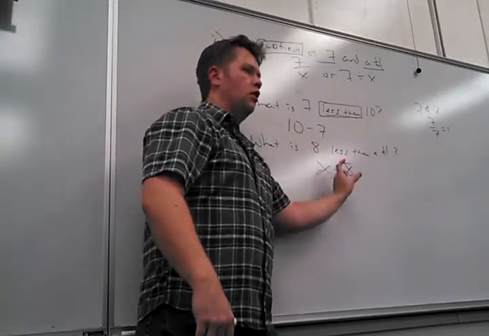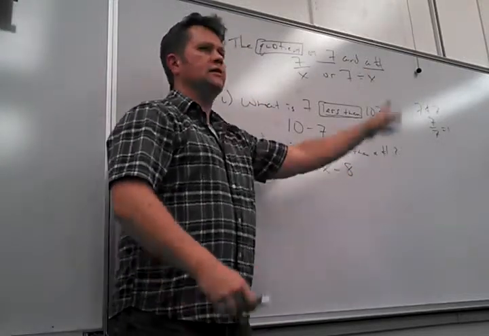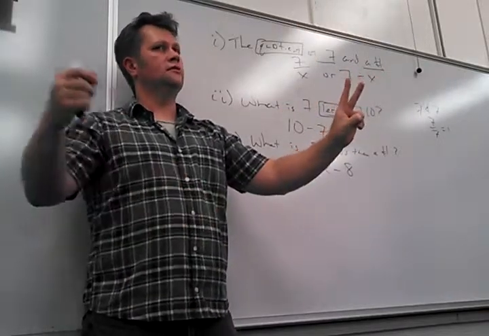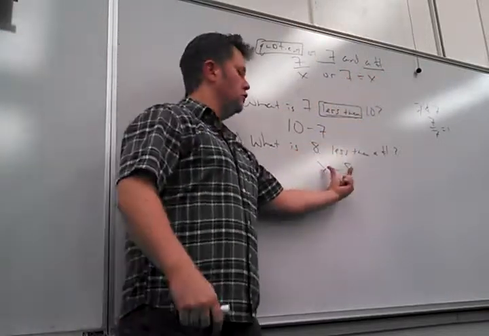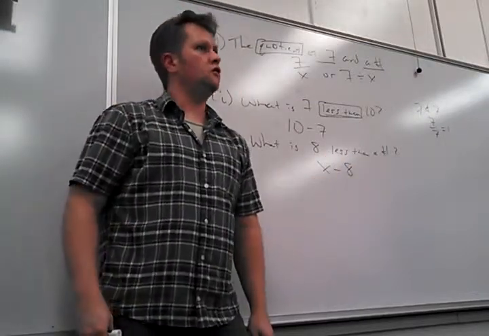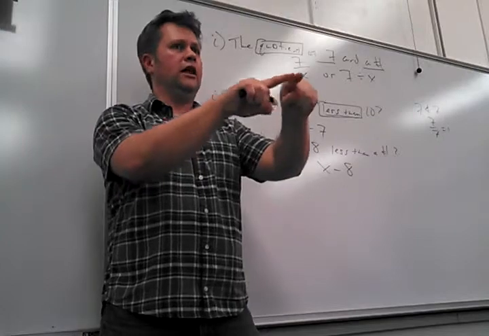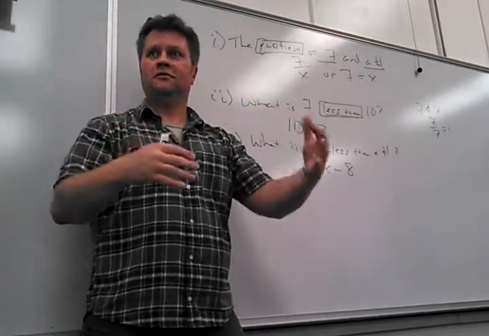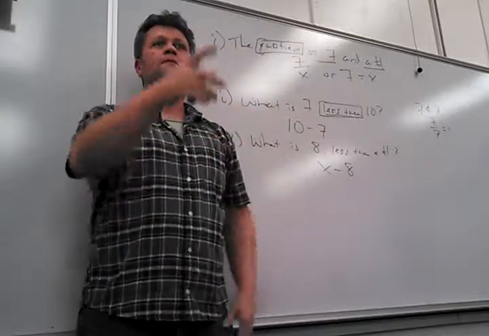If you turn this number the wrong way around, what's 10 minus 8? 2. What's 8 minus 10? Negative 2. So if you turn this thing the wrong way around, you're going to get negative answers. And if you're telling me that your length has to be negative 10 feet, what's that made out of? Is that black hole material? So you don't want a negative answer.